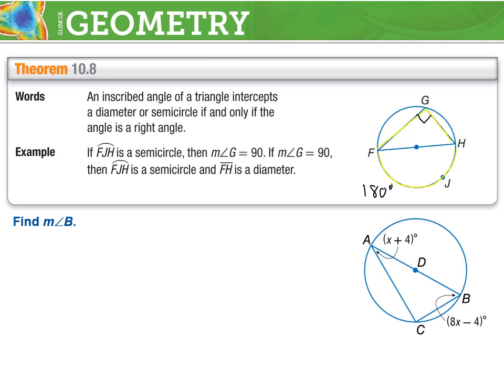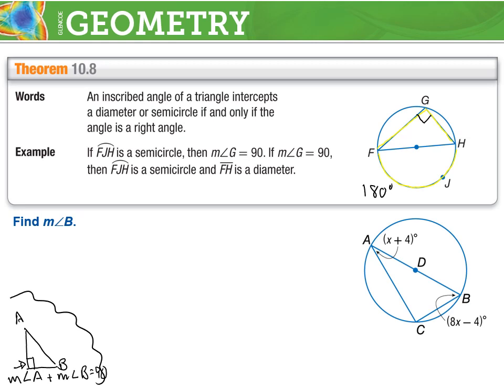I also want you to remember that in a right triangle, the measure of angle A and the measure of angle B and this right angle have to add up to 180. We already know that there's 90 in here, so to make the math easier, the measure of angle A plus the measure of angle B has to equal 90.